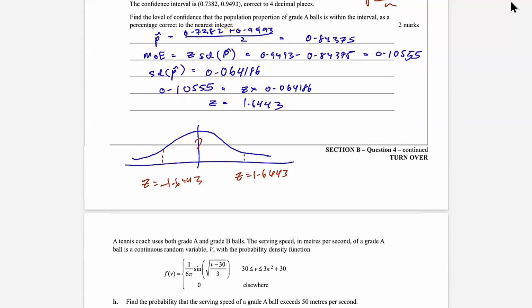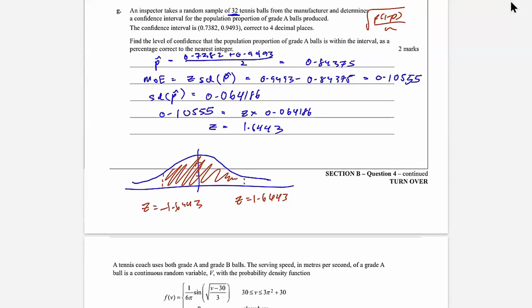What it's asking us is what is the area between, because that's going to be a level of confidence. So I guess you can just put that into the CAS and you get that it's like 0.89999 something. So it's 90% confidence. Does that one make sense?